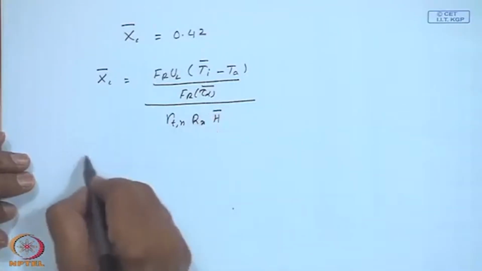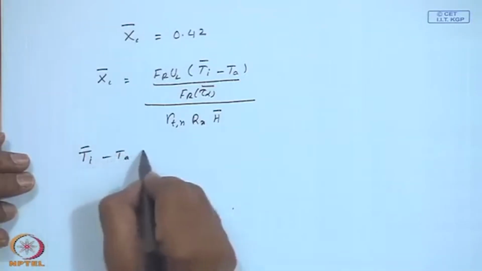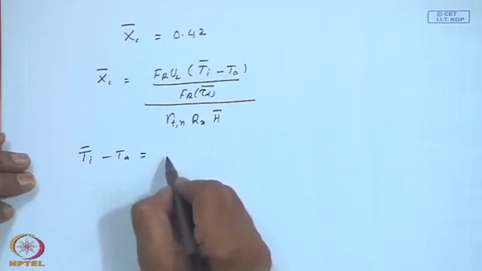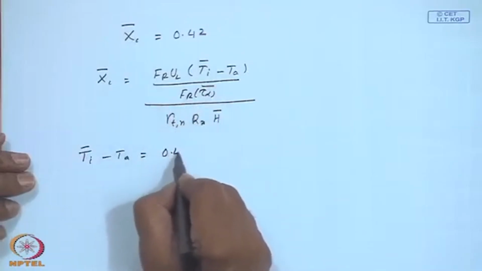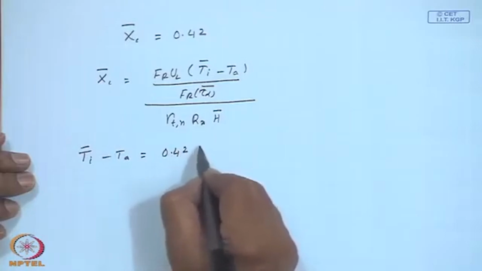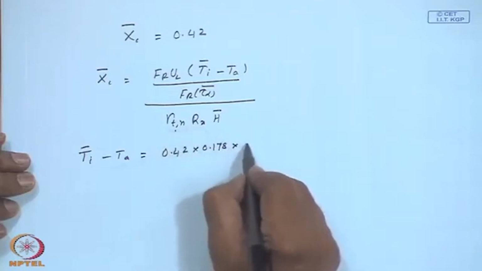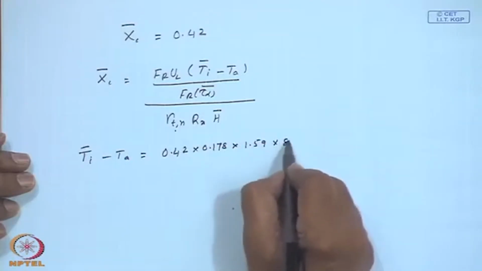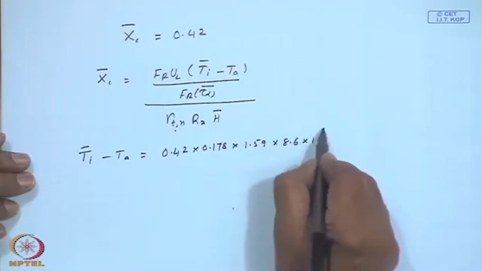So, T I bar minus T A, I will take this, T I bar minus T A is 0.42 times 0.178, that is R T n, R n is 1.59, multiplied by H, 8.6 into 10 to the power 6.